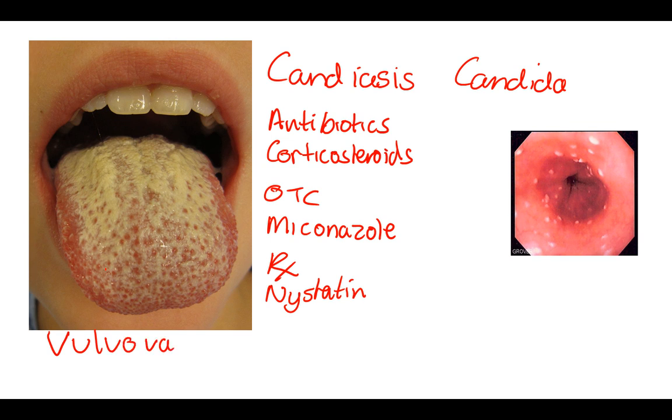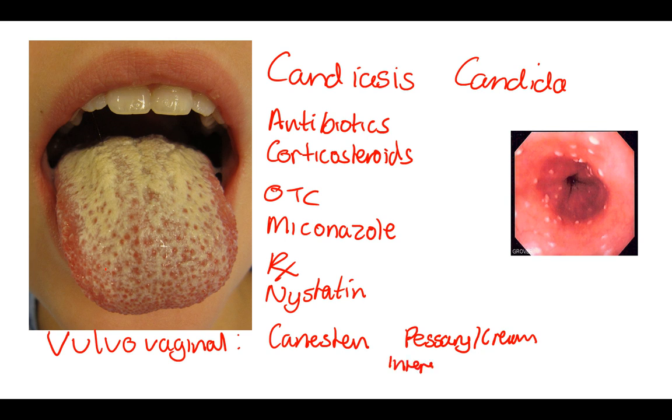So for vulvovaginal conditions, you've probably all heard of Canesten Combi, and that can come as a pessary and cream, or two creams, okay, an internal and external cream, or it can come as a tablet of oral fluconazole, okay, 150 milligrams, and the cream.